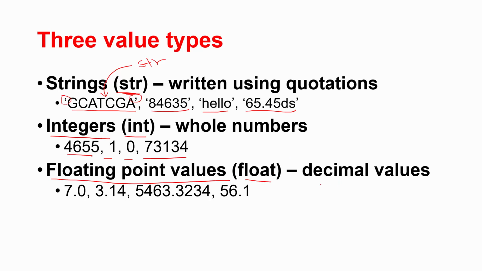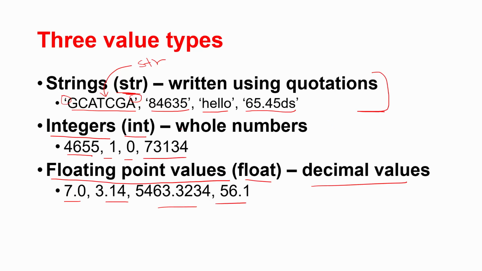All this means is that they're decimal values, like 7.0, 3.14, all this other stuff here. At least for my line of work, the most common thing that I have to deal with are strings. Depending on the work you do, you might be doing integers and strings, and maybe also decimal values. But again, this depends on the work that you do.